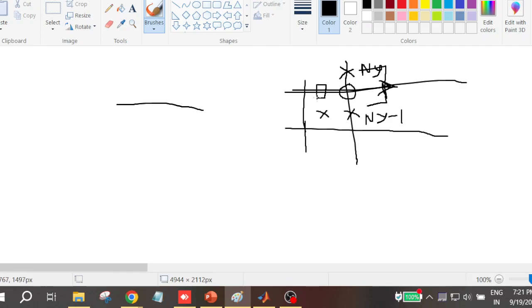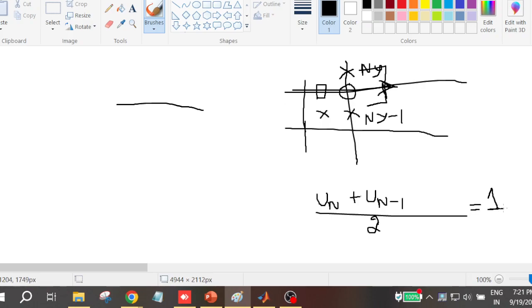For u velocity I do not have, but I want to implement that u velocity is 1. So the average of these two, u at ny plus u at ny minus 1, divided by 2, is equal to 1.